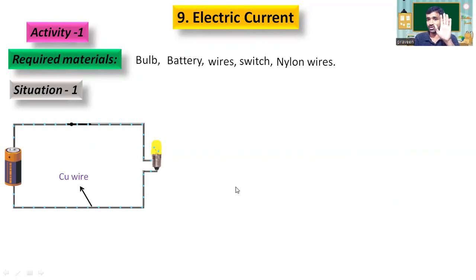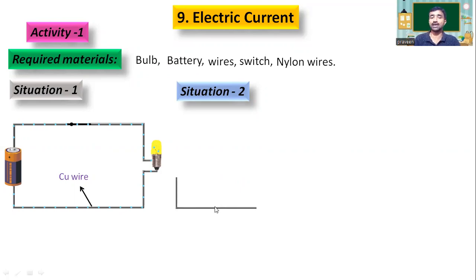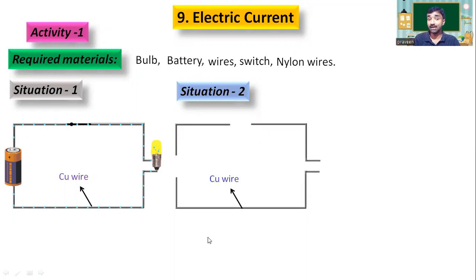That is the observation I made. In the second situation, I am using all the components of a simple electric circuit, but I am removing the battery. Without a battery, I am making a circuit. I create situation 2 as in the first one, leaving three gaps between them. The battery was there, but I am going to remove it.